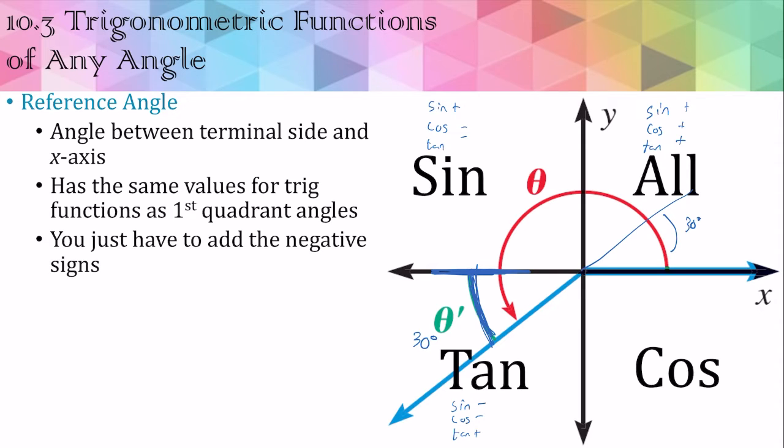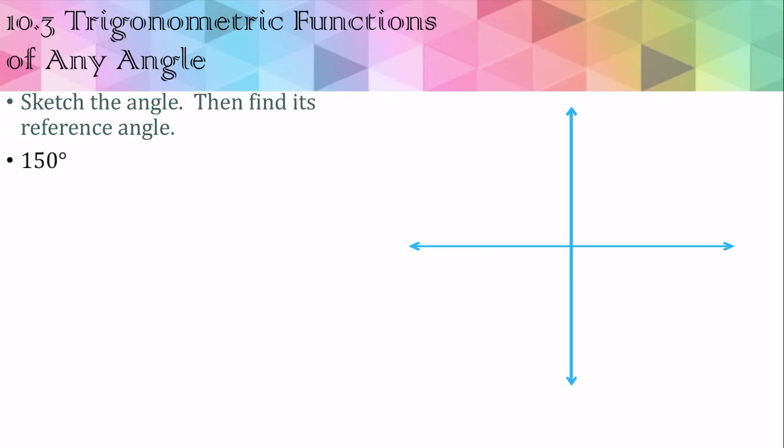And in quadrant 4, sine's negative, cosine's positive, and tangent's negative. A way to remember it is "All Students Take Classes." And of course the reciprocals are with their functions. So secant would be with cosine.